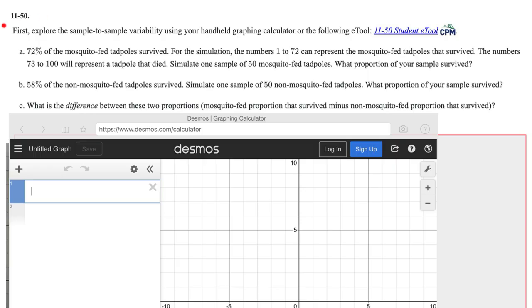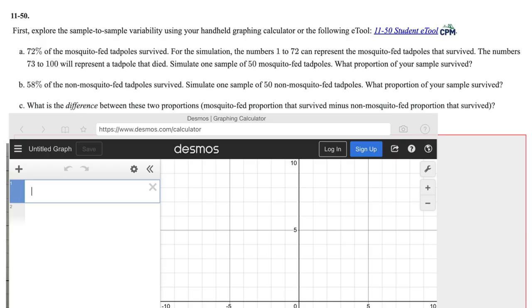So our actual problem is that you're going to set this up and use your handheld graphing calculator or the e-tool. You absolutely can use either. I'm going to use Desmos because I'm getting used to it. In Desmos, 72% of the mosquito-fed tadpoles survive, so the numbers 1 through 72 represent the surviving ones, and the numbers 73 to 100 represent a tadpole that died.